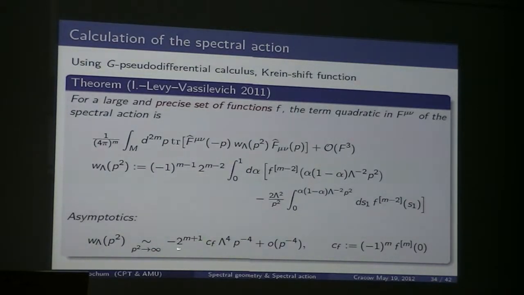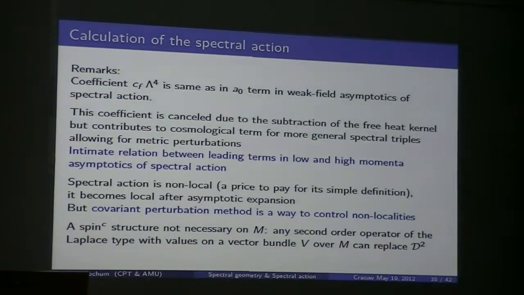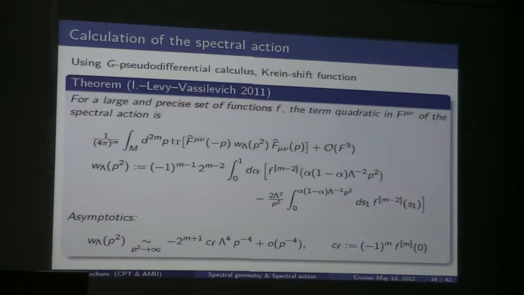So you have, this is the rank of your spinor bundle. C_F is just the evaluation of F, or more precisely of the integral of F, at 0. Sorry, I'm in dimension 4. So this begins with lambda 4 times the inverse of P to the 4, plus something. What is important here is that you can see coefficients which appear here.